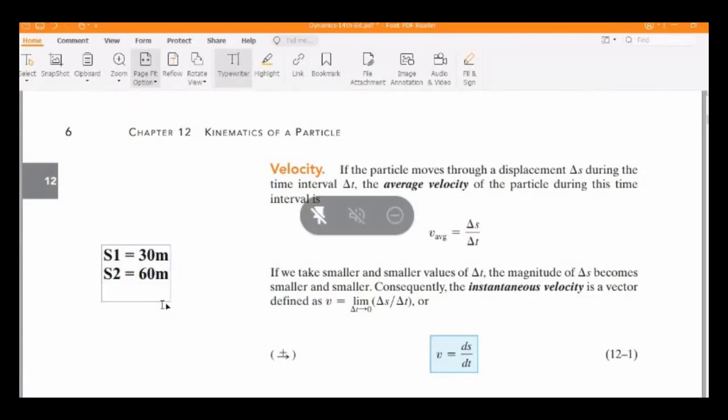What is my delta S? 60 minus 30, 30, sir. Delta S equals 30.